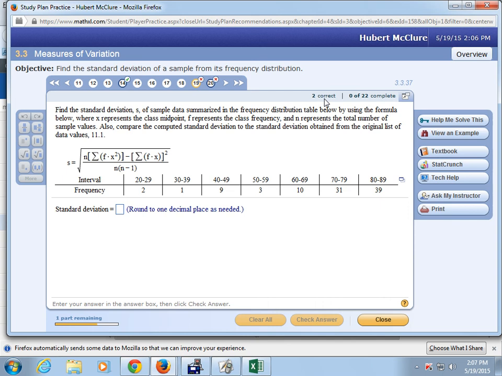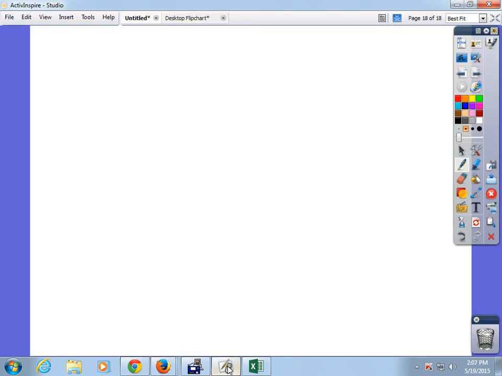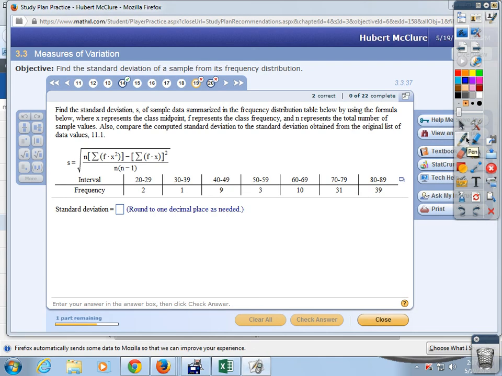Now, the formula for the mean is real easy.